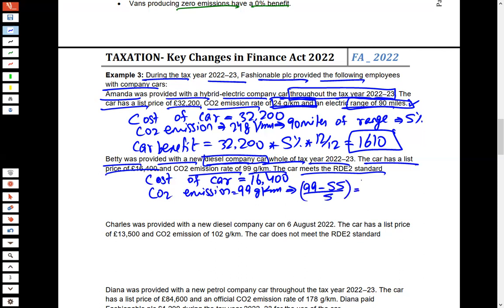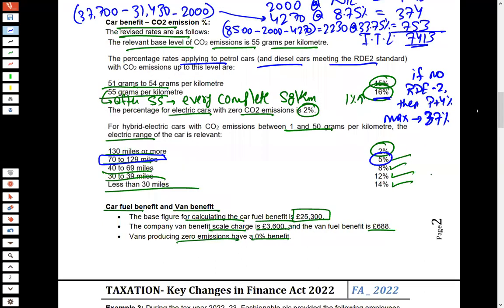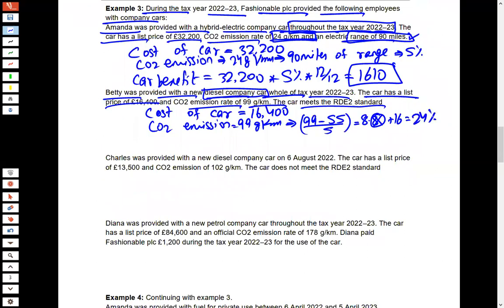That works out to be 8.8, and since I have to round it down, I'm ignoring the 0.8. So 8 plus 16, where 16 is the base percentage picked up from here. As a result, the CO2 emission percentage is 24%.